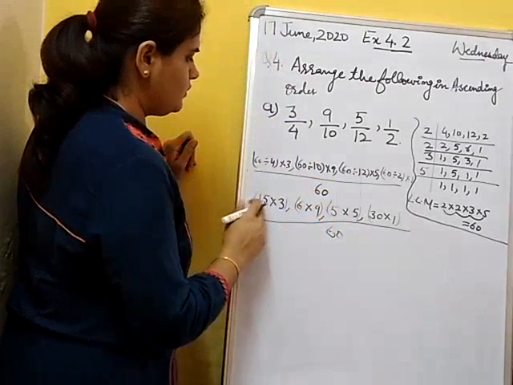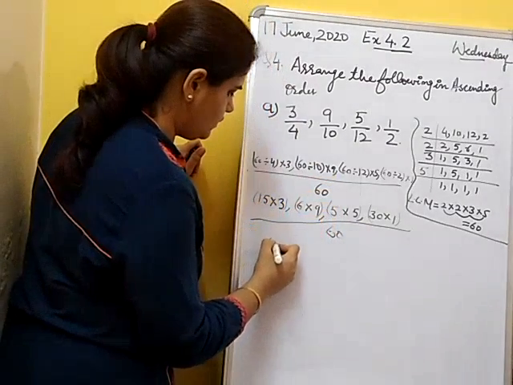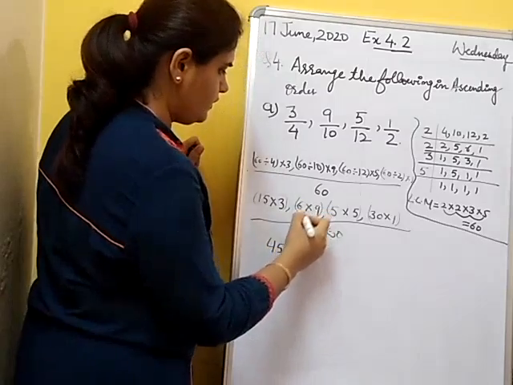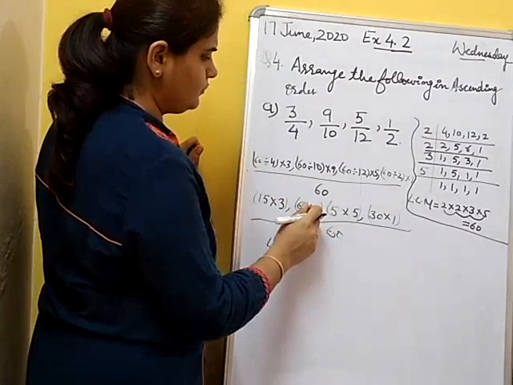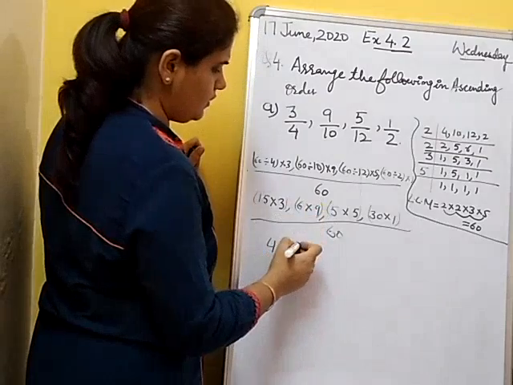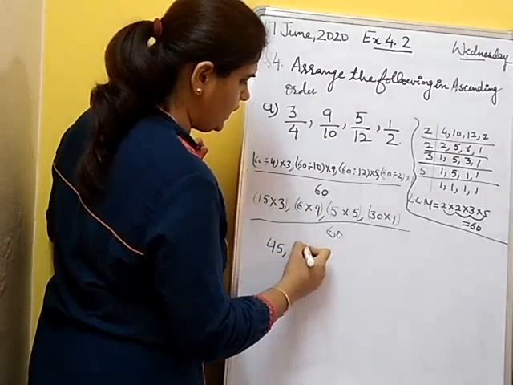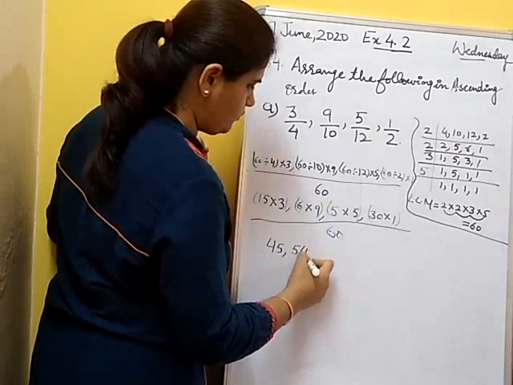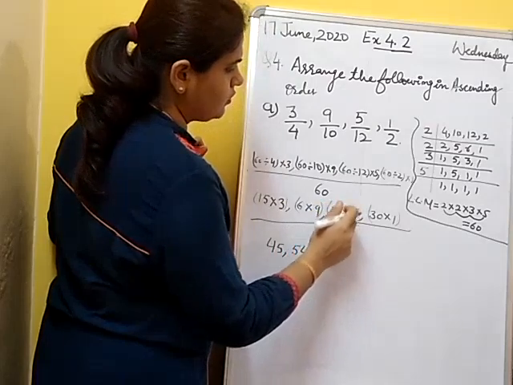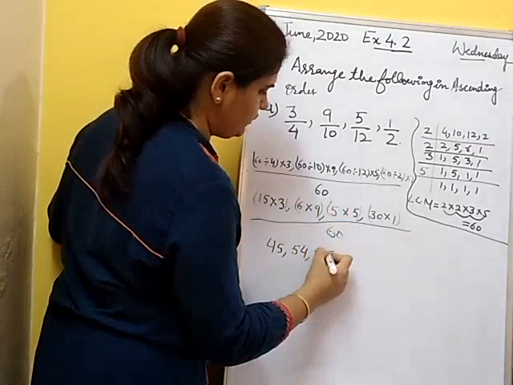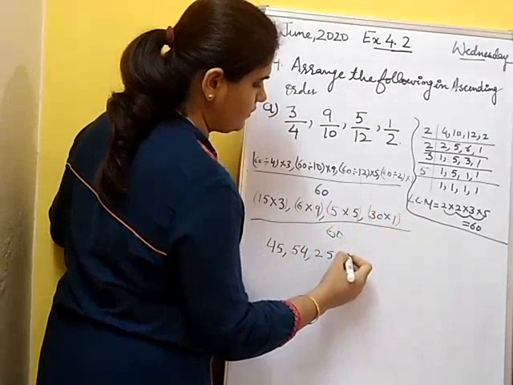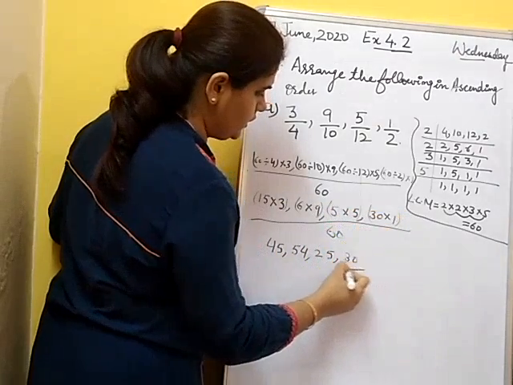Now, 15 3s are 45, 6 9s are 54 comma, 5 5s are 25 and 30 multiply 1 will be 30 only.